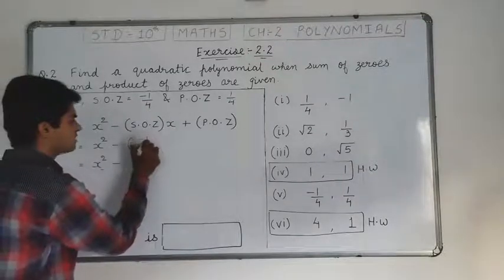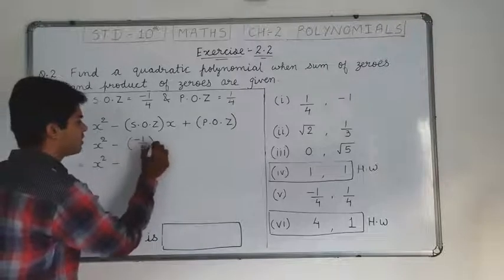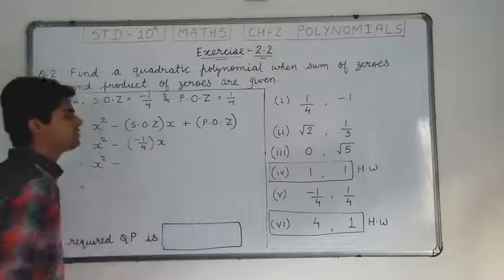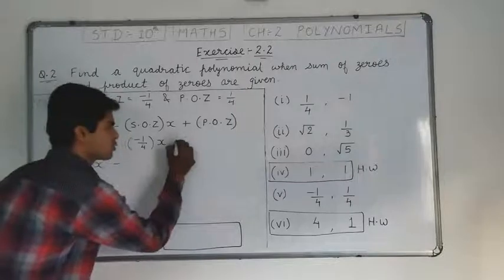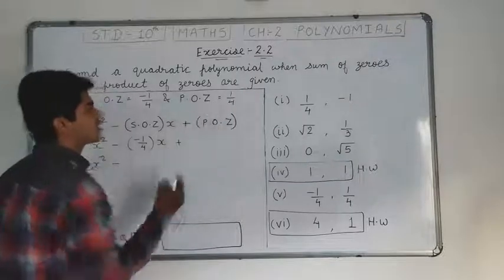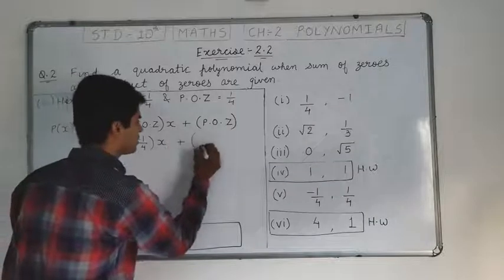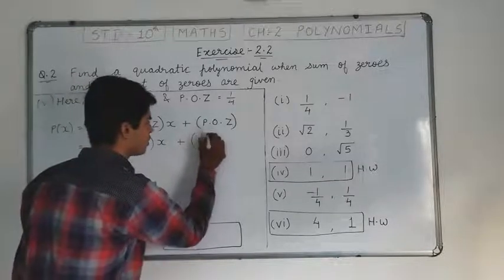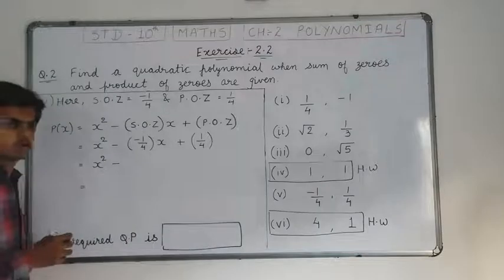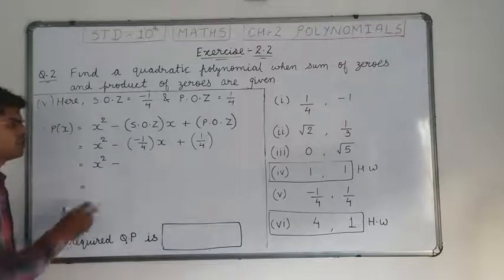Be careful in this sum. -1/4 inside the bracket, the bracket is multiplied with x, plus product of zeros. What is the value of product of zeros? 1/4. So we will write 1/4 in the bracket. Understood? Now we will open the bracket.